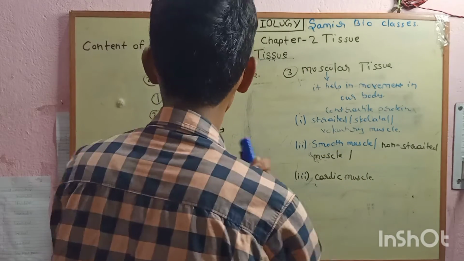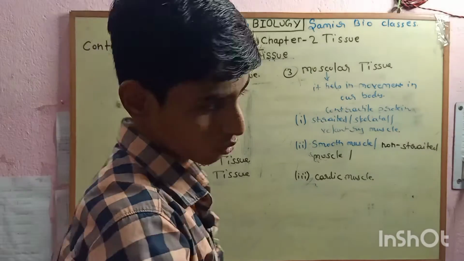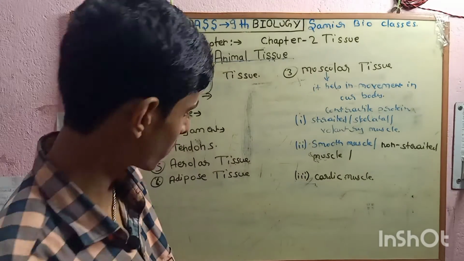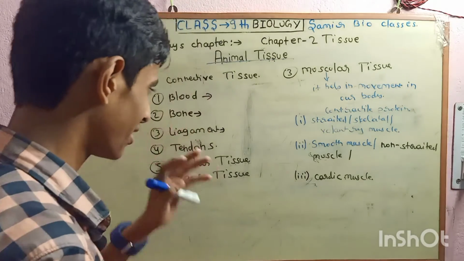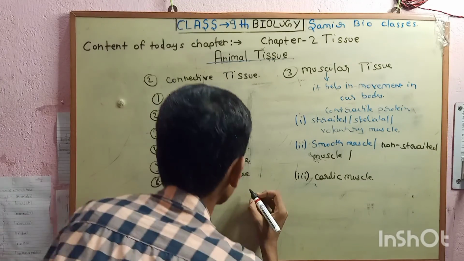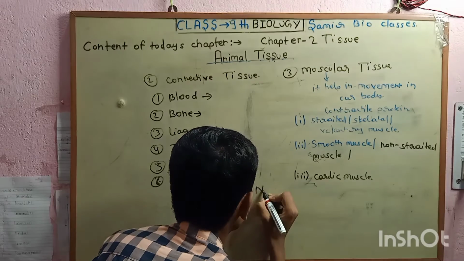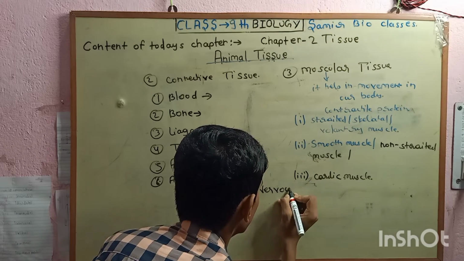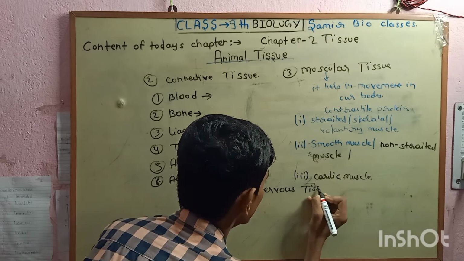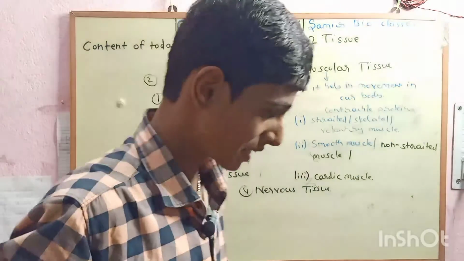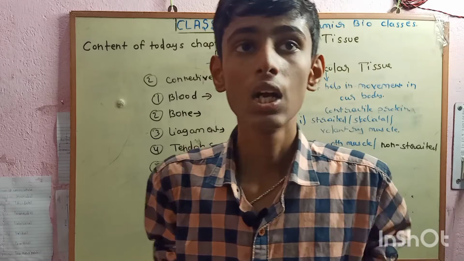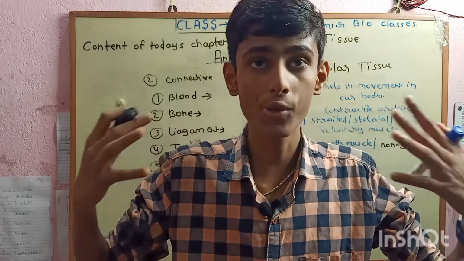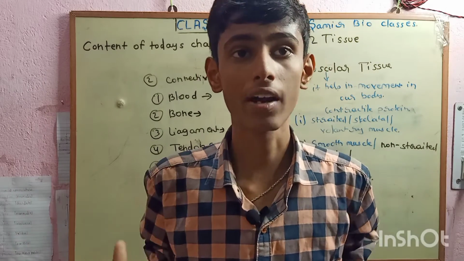So we have discussed epithelial tissue, connective tissue, muscular tissue, and the last type of tissue is the nervous tissue. Nervous tissue is a simple one. Nervous tissue, also known as neuron cells, helps to respond to the brain, spinal cord, and nerve cells.